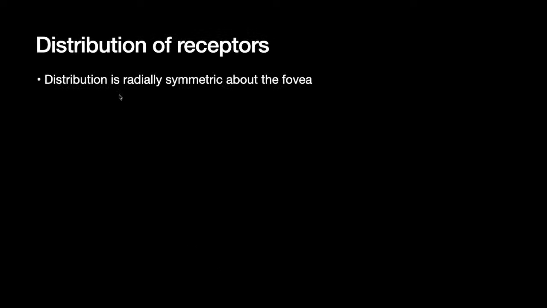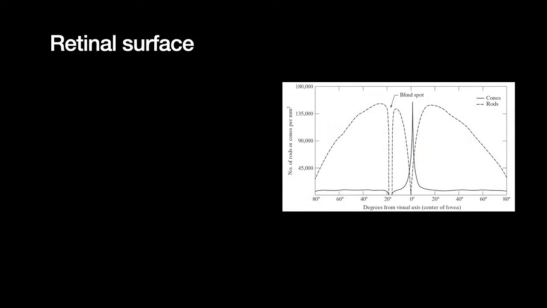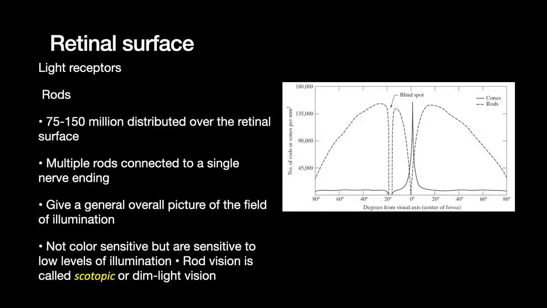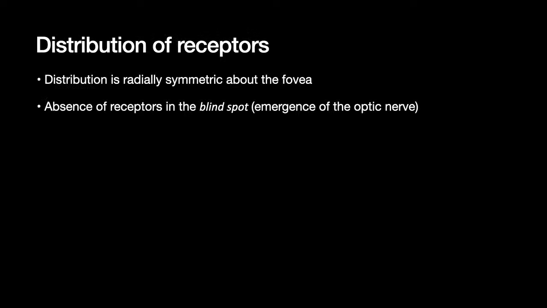Other features of the distribution of receptors are these. Distribution is radially symmetric about the fovea. As we have seen, the diagram was fairly symmetric about this point, apart from this blind spot glitch. In the blind spot there are no receptors, because the optic nerve emerges there.